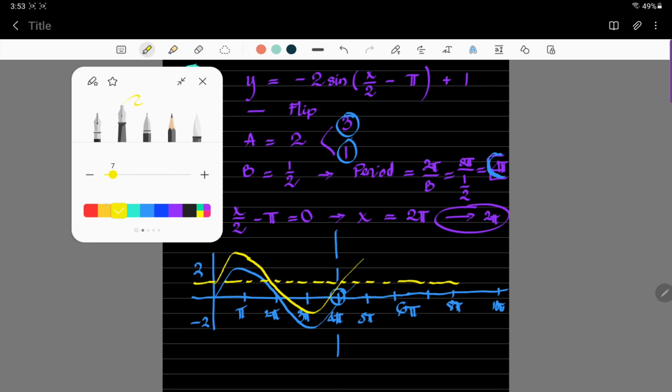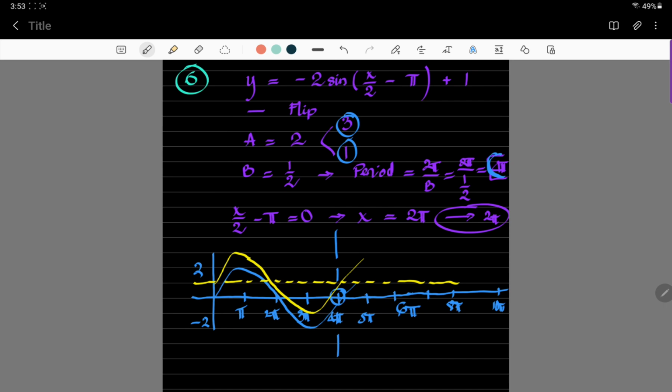So let's change to white. Okay, I shift 2 pi right here. So I shift there. Yeah? Oops, wrong. Let's try again.